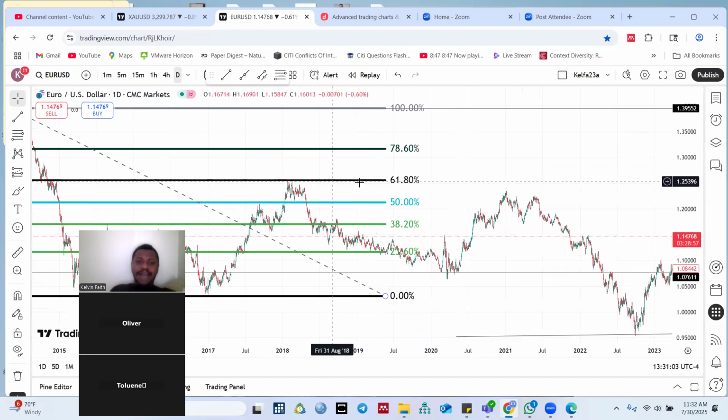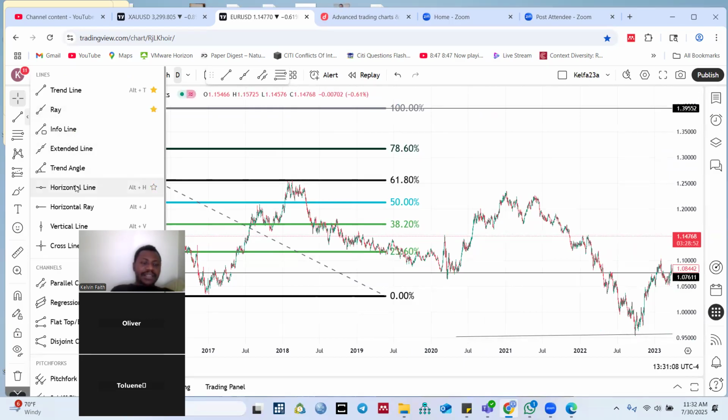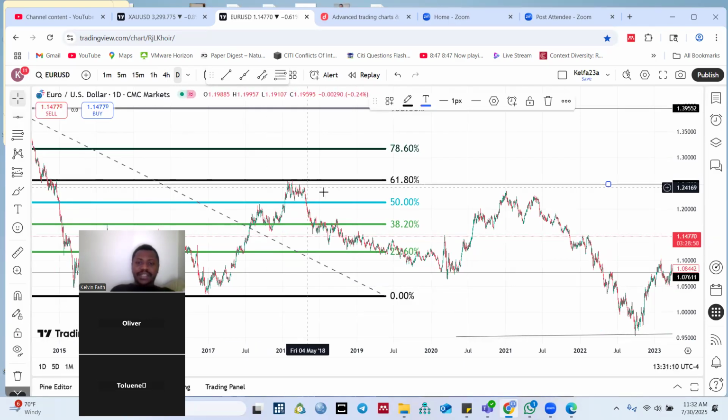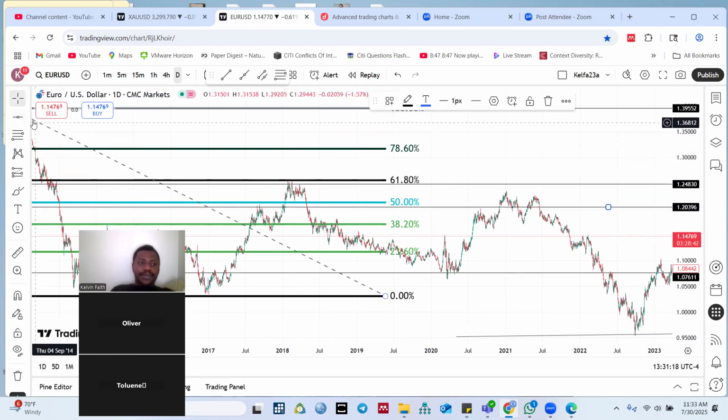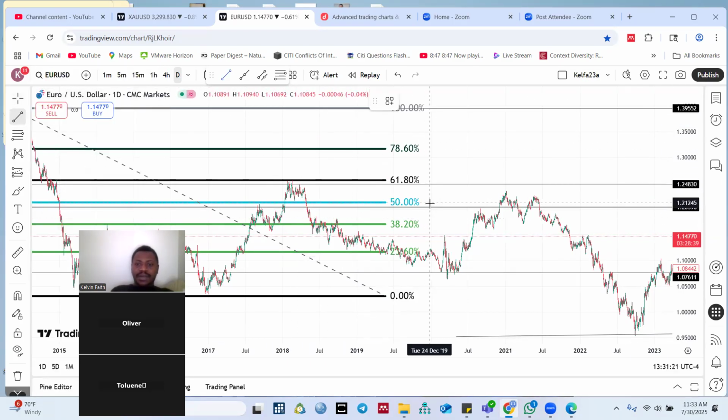So we have this entire area of the range as premium. We have this entire area from the 50% zone upwards. Anywhere here, if price comes anywhere here, is premium zone. So we can sell.